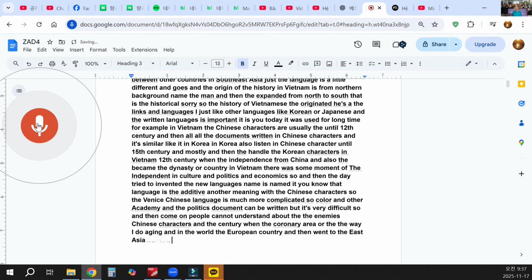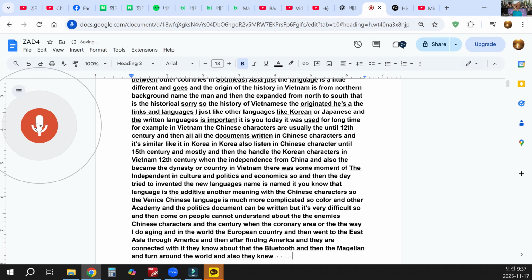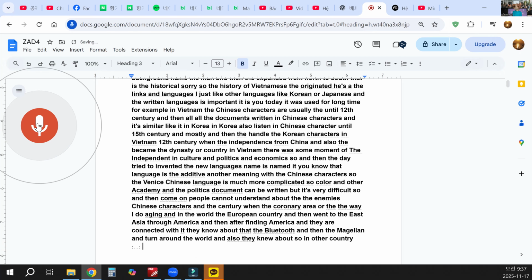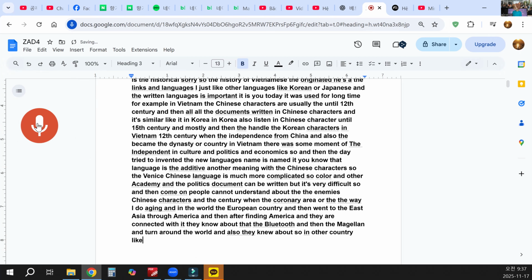After finding America, they knew about looting, and Magellan turned around the world, and they also knew about it. Other countries like Holland and Portugal dominated the area of Southeast Asia.